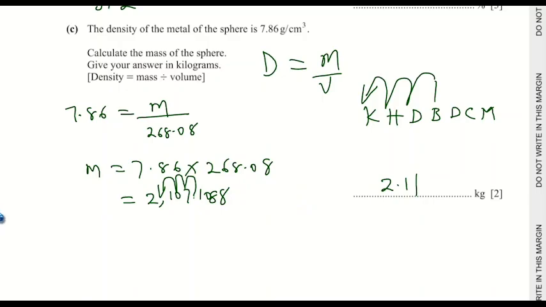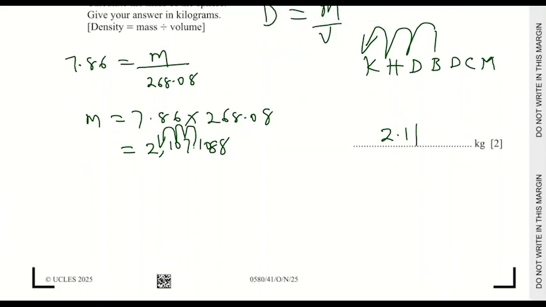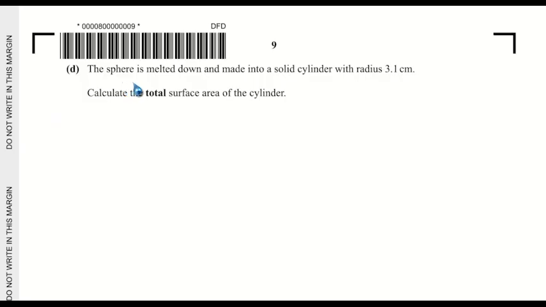I think we still have part D. The sphere is melted down and made into a solid cylinder with radius 3.1 centimeters. Calculate the total surface area of the cylinder.